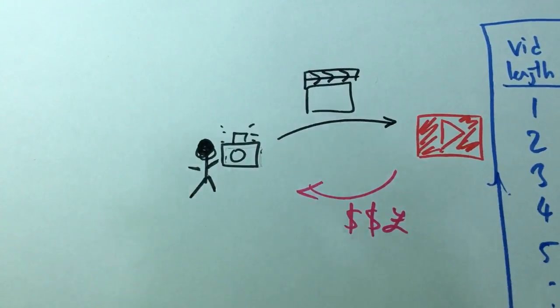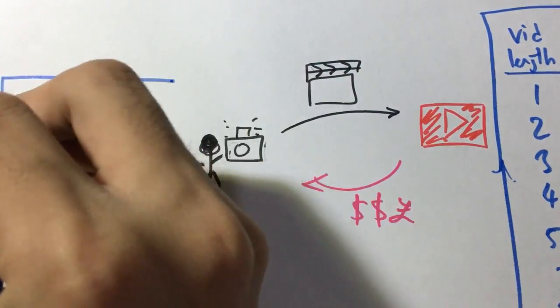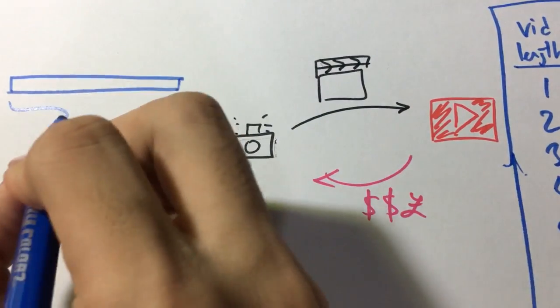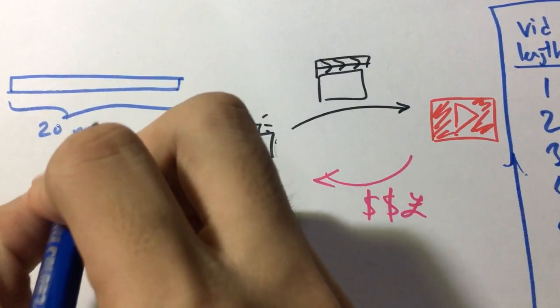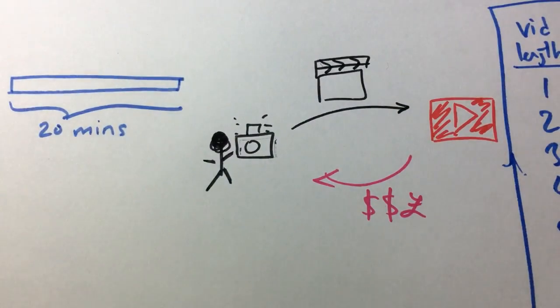And we'll also assume that the videos you upload are in whole minutes, so none of like 2.5 minute videos or anything. And so let's assume that in the previous week you were recording some amount of videos. For concreteness, let's say you've recorded 20 minutes worth of footage ready to be uploaded onto YouTube.